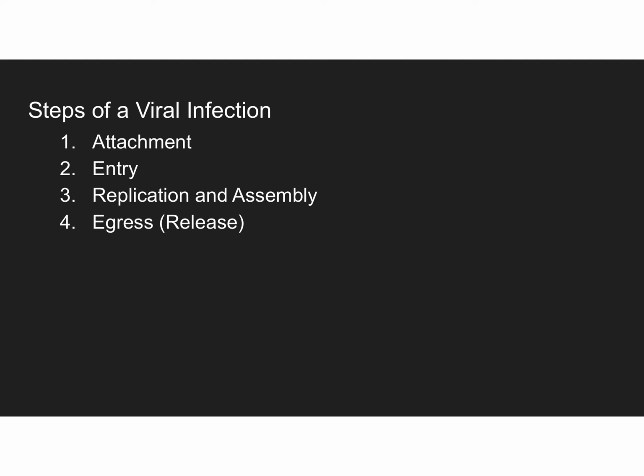We can break down the steps of a viral infection into four main steps. And we are going to talk about how these steps can differ depending on whether the virus is a bacteriophage, which remember are viruses that infect bacteria, but we also have viruses that infect animals or plants.